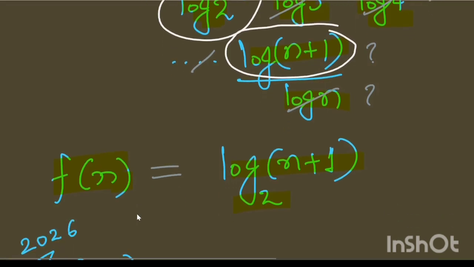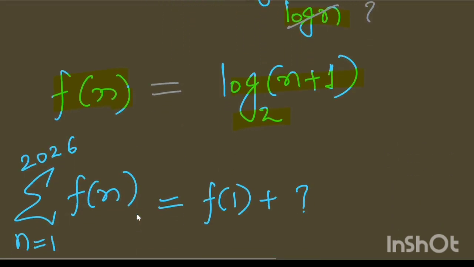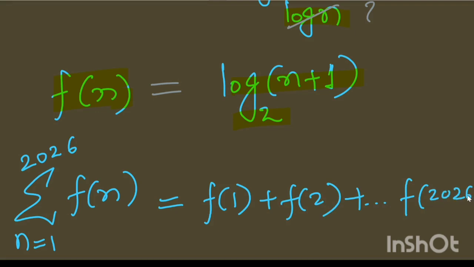Now they have asked for the sum of fn for n equals 1 to 2026. So fn means what, guys? We will add f1 plus f2 plus f3 till n equals 2026.